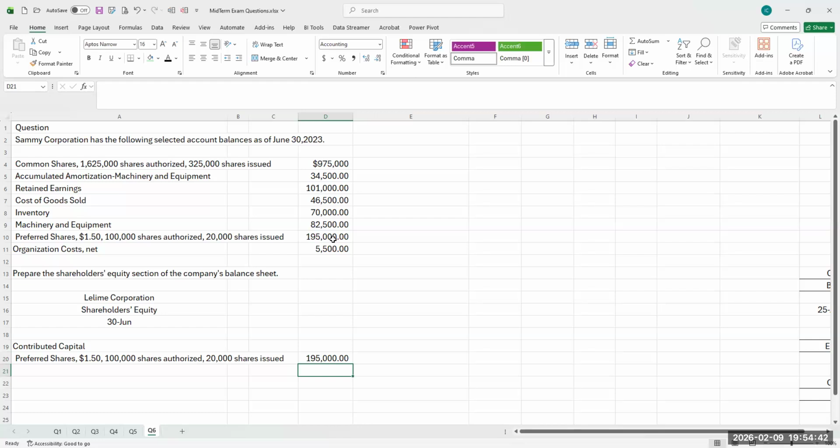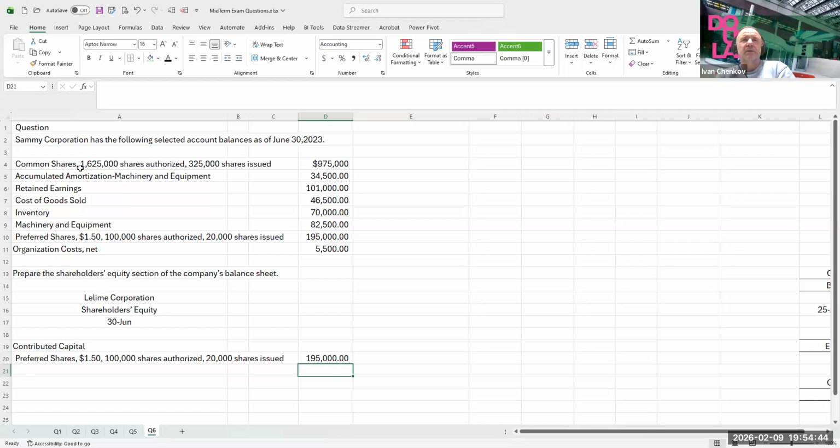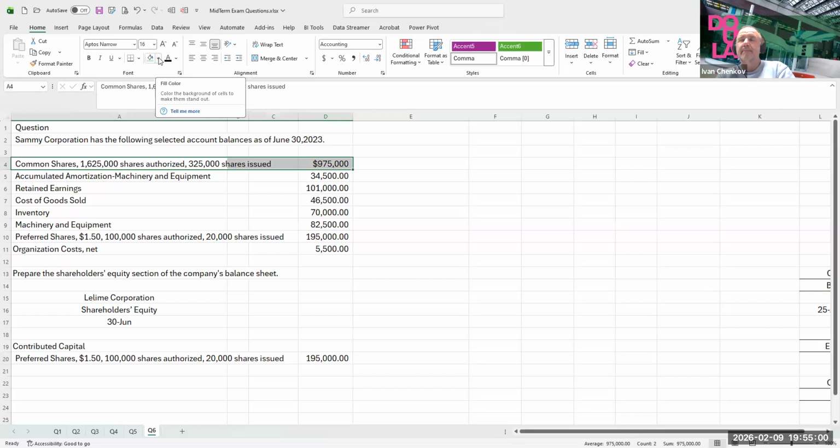Okay. So the other thing that you can do is, once you look in the question, let's highlight in green which ones are part of the shareholders' equity section and which ones are not. Common shares, is this part of the shareholders' equity section? Yes or no? Say something because I cannot monitor the chat right now. Yes, okay.